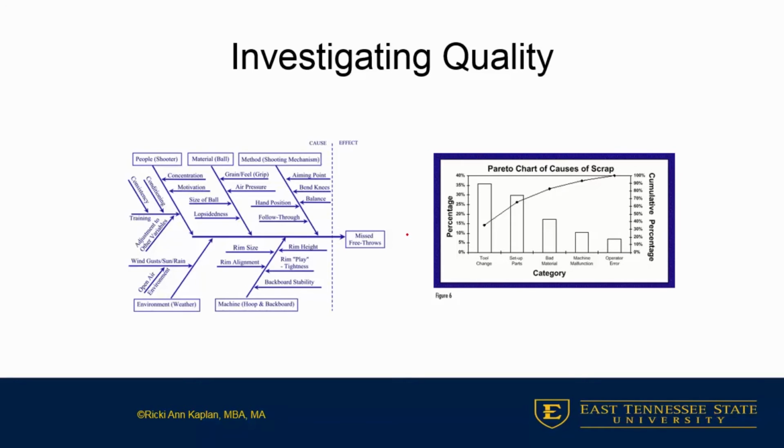We can investigate quality, different things using a cause and effect chart or a Pareto chart, taking a look at these things. This one is also called a fishbone chart, taking a look at how these things work together.